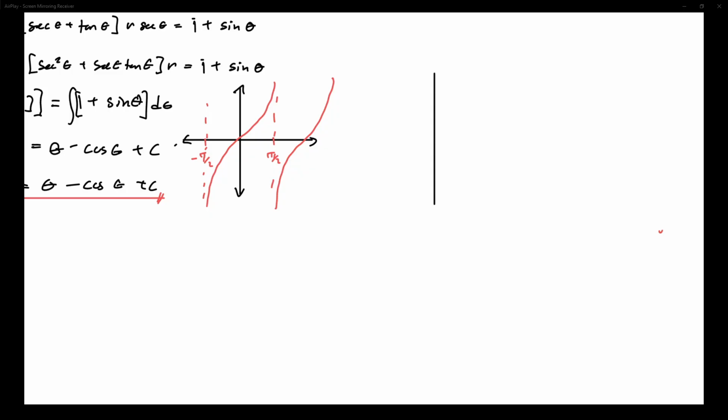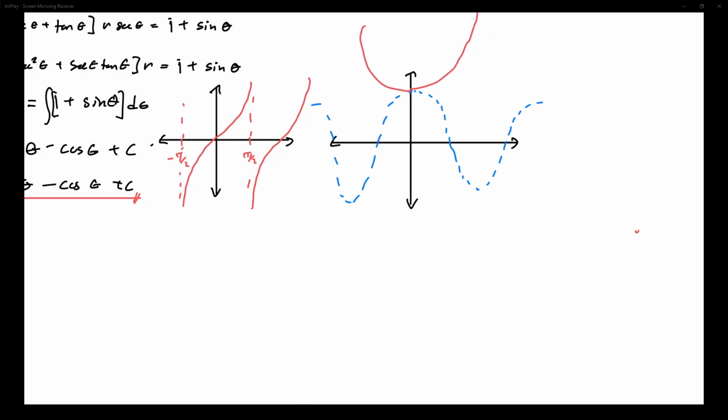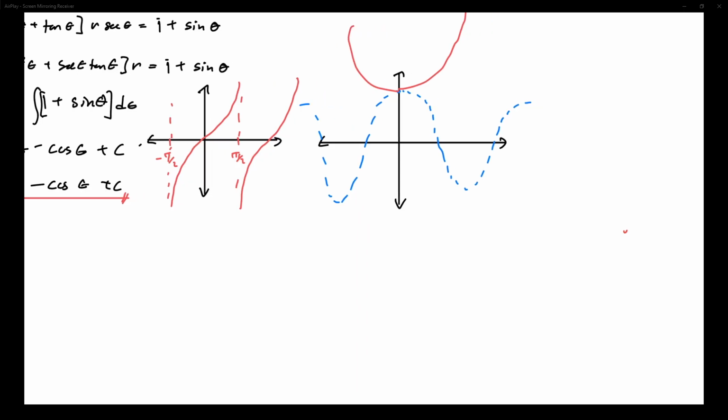Sorry, I'm forgetting my trig, it's been a while. So if you draw your standard cosine, the peaks are where the secant branches are formed.